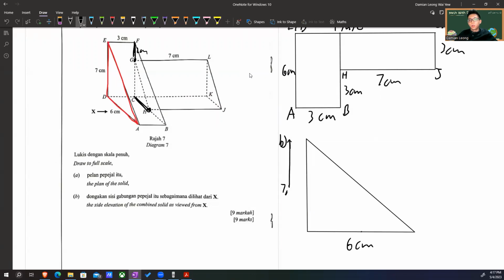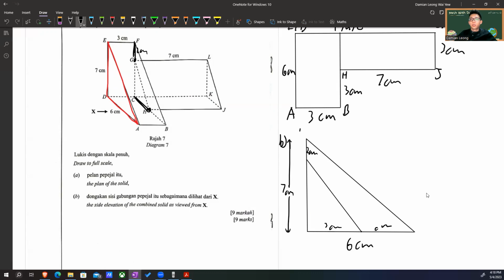Here to here is 7 cm, but I need to measure 2 cm here and connect that to the midpoint here. Yeah, something like that. So here is 3 cm, 3 cm, and this one is 2 cm from the top.